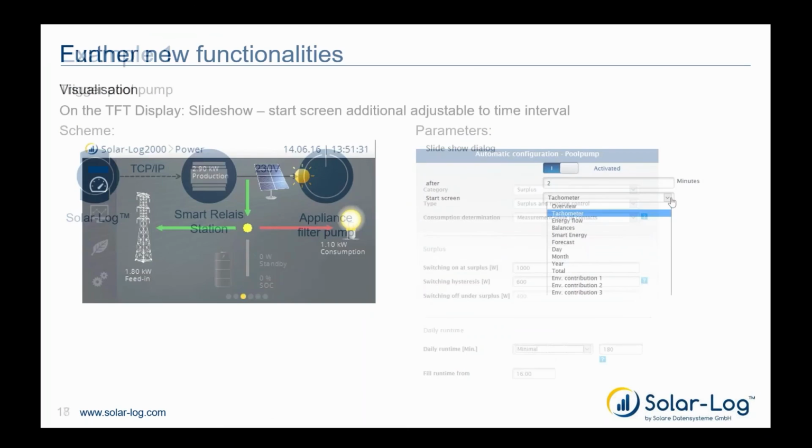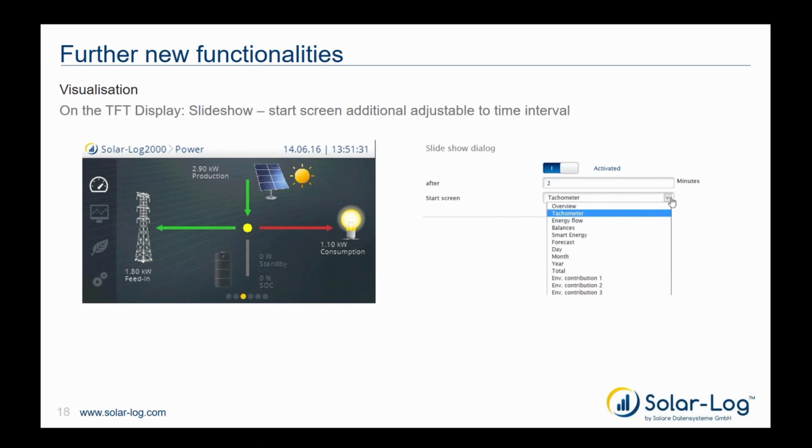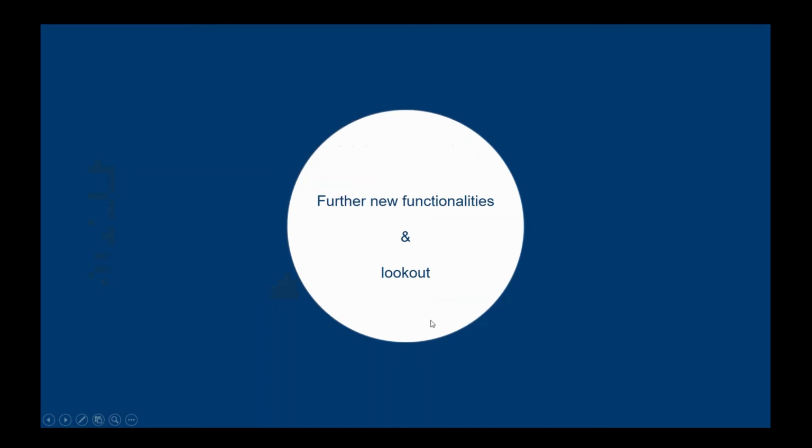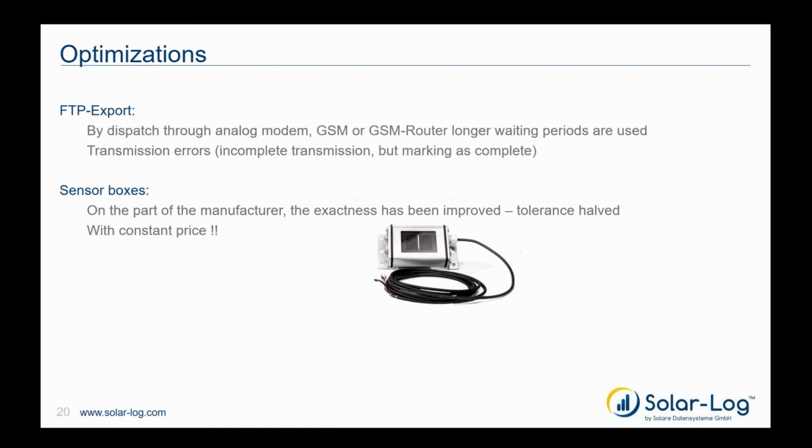Okay, then we go back to the presentation. I talked about the energy flow on the display, that it's available, and just the last slides, there are a few further functionalities and the outlook. With the new firmware, there have also been some optimizations in the area of the FTP export.